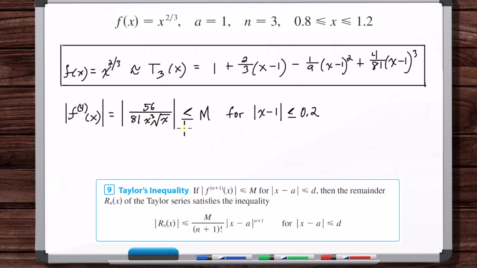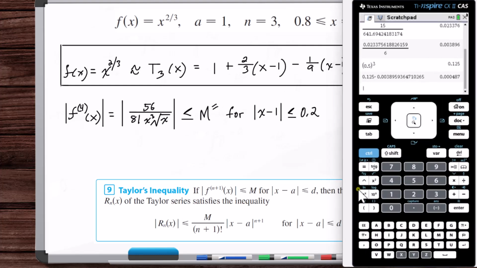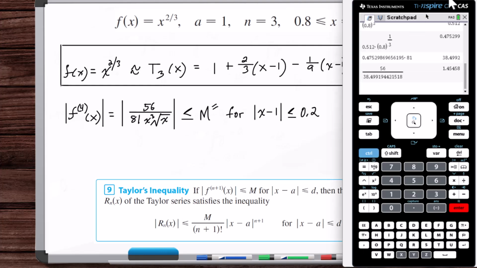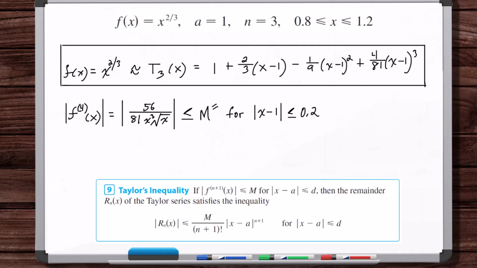That's 0.8. So M is equal to, we just want to plug in, so 0.8 cubed times 0.8 to the 1/3 times 81, 56 divided by that, 1.45458.